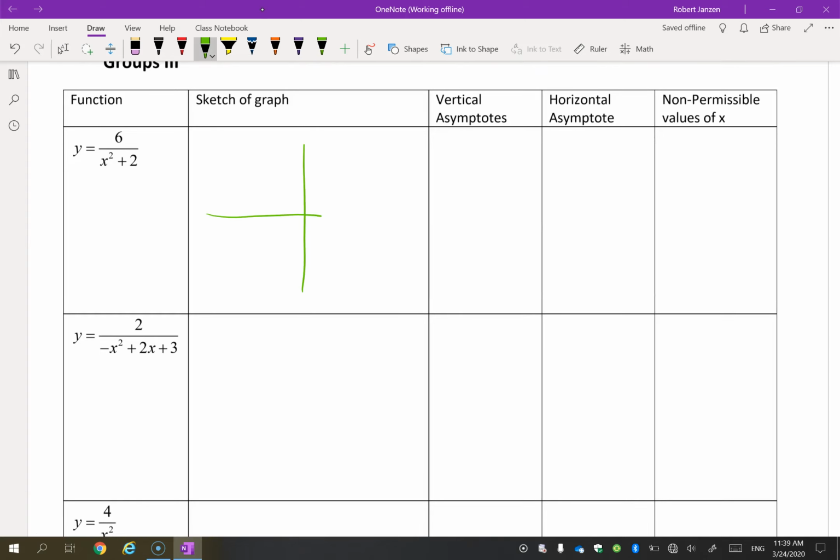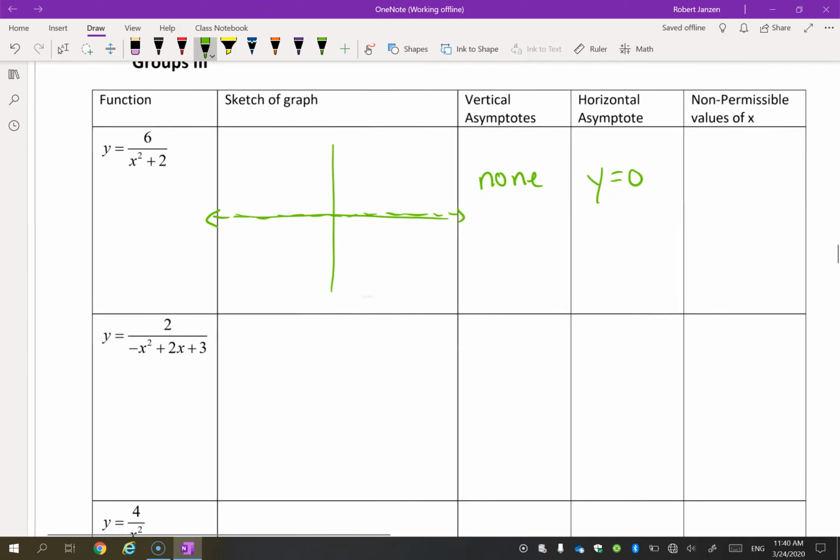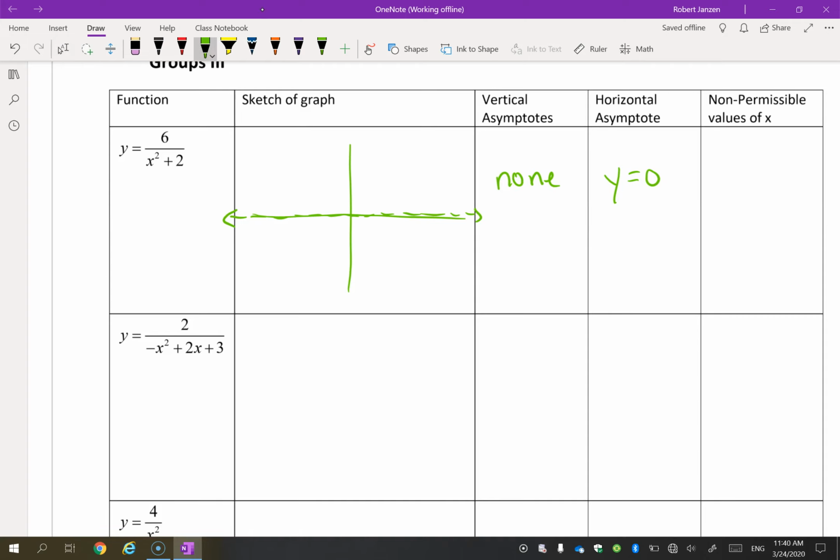Quick look at this graph. This will have no vertical asymptotes. It will have a horizontal asymptote at y equals 0. And again, for now, you don't know why that's happening. I just want you to observe the graph and try to make some conclusions. I think this graph will look, let's see, if we have 0, you're going to have a value of 3.